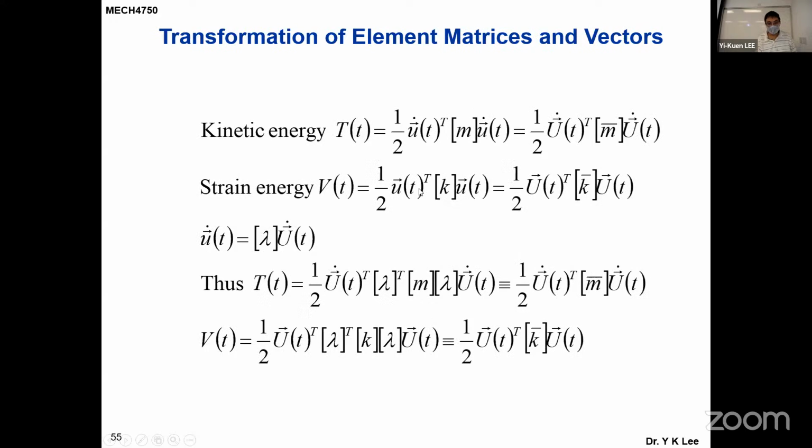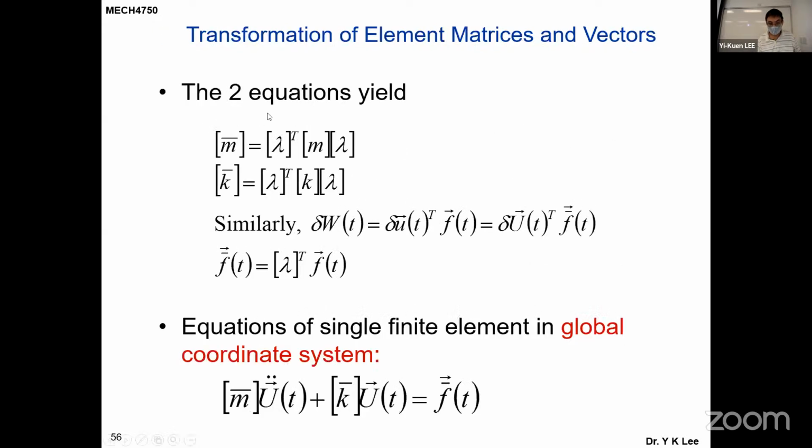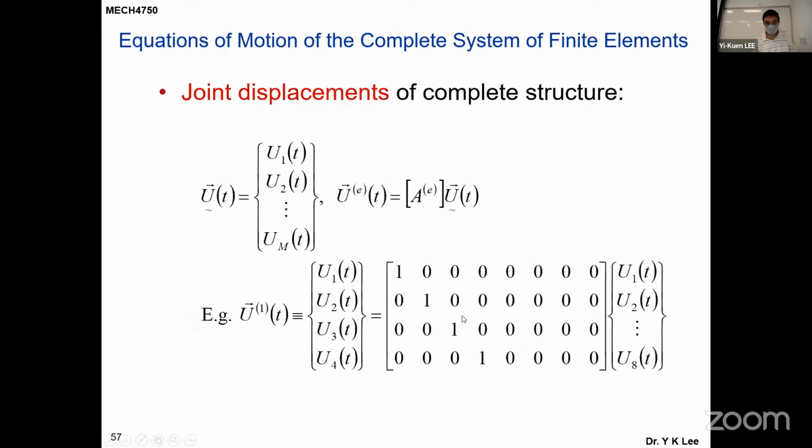Then we can do the transformation from local to global coordinate system for our kinetic energy and strain energy, and transform the element matrices from local to global. In nature, you can assemble a much bigger matrix now.